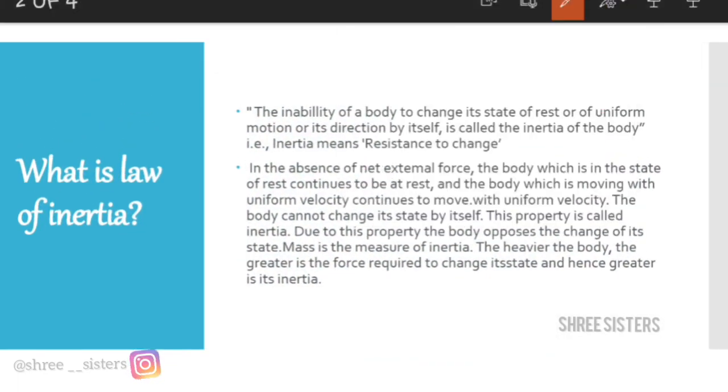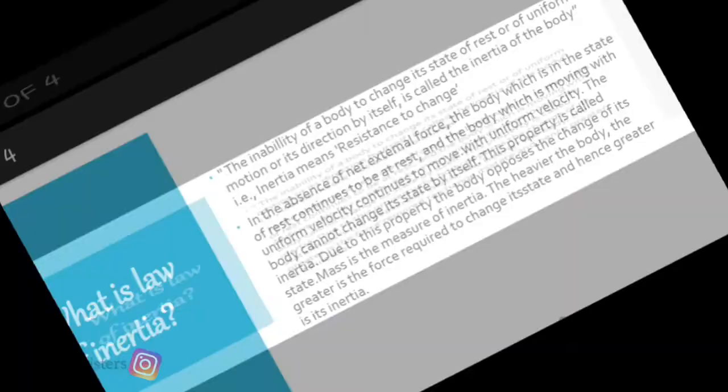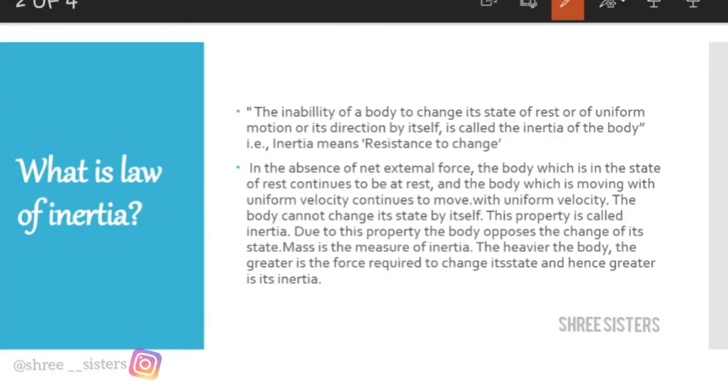Inertia is nothing but the inability of a body to change its state of rest or of uniform motion or direction by itself. It is nothing but the resistance to change.